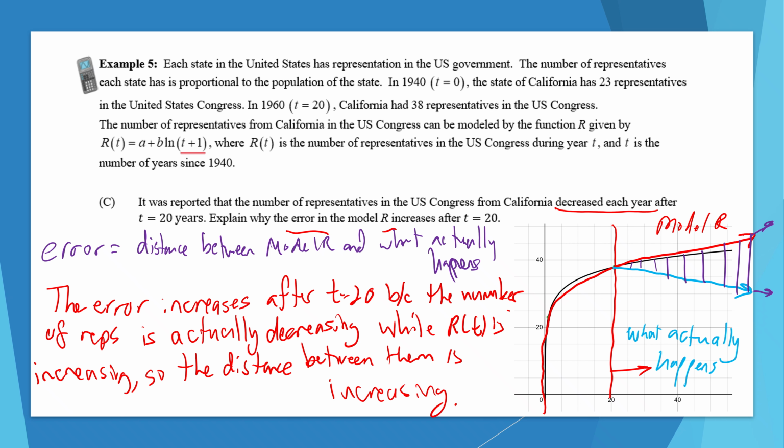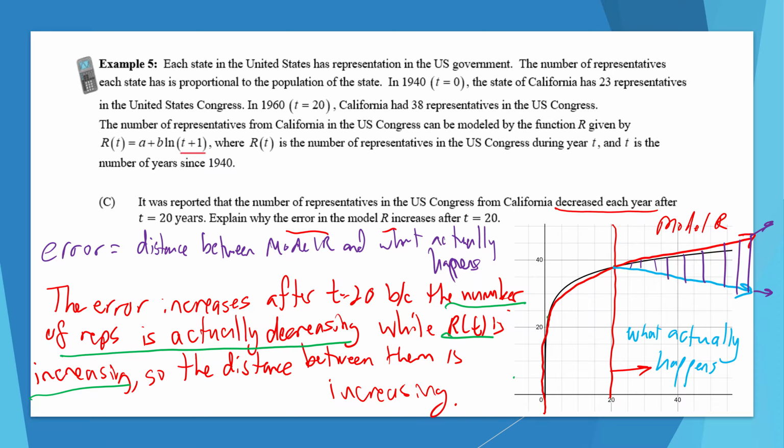Right? So now that I have that down, it's really important to know what I would be looking for in a correct answer. And so what I'm going to be looking for is a few things. The first thing that I'm looking for is for you to show that you know that the number of reps is decreasing while the function model is increasing.